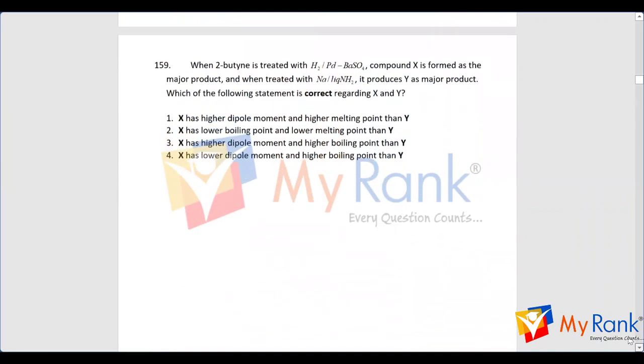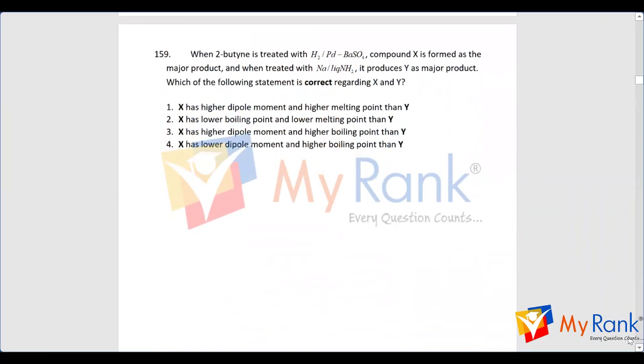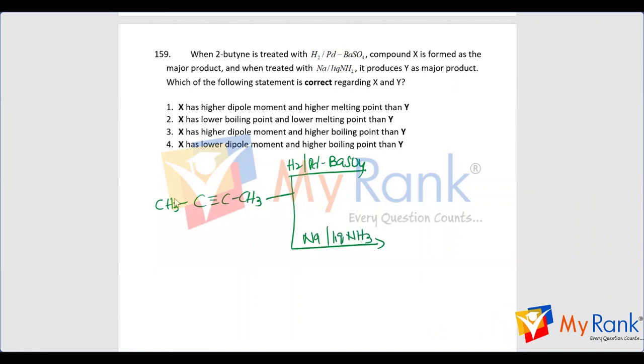Question number 159. When 2-butyne, CH3 C triple bond C CH3, is reacted with hydrogen and palladium barium sulfate, this is Lindlar's catalyst. The second one is sodium in liquid ammonia.